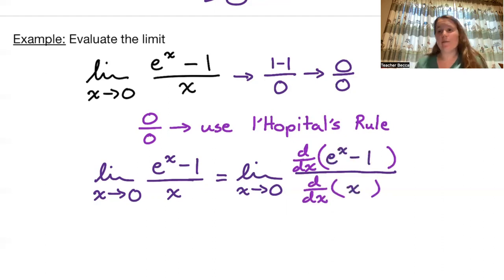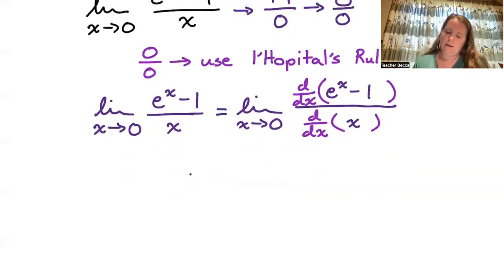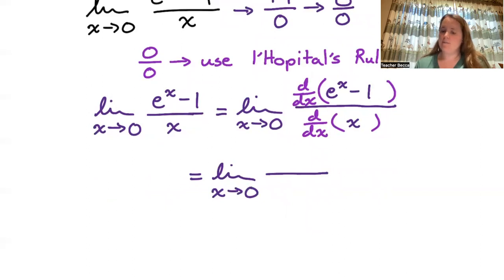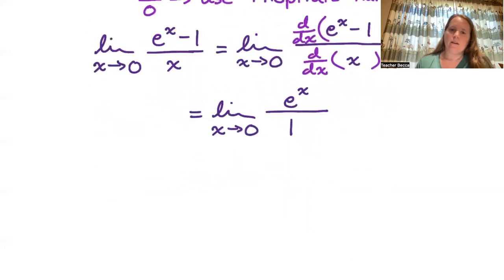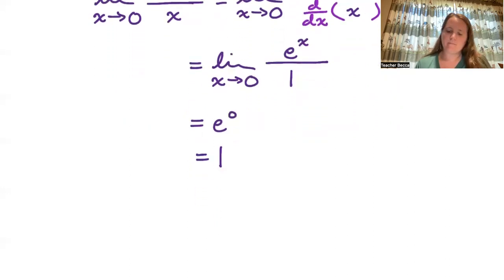The derivative of e to the x minus 1 is simply e to the x, and the derivative of x is again just 1. Evaluating this limit, we have e to the 0th, otherwise known as 1. So the limit as x goes to 0 of e to the x minus 1 over x is equal to 1.